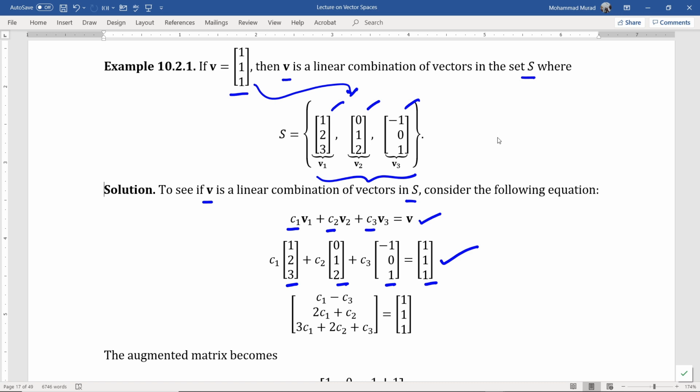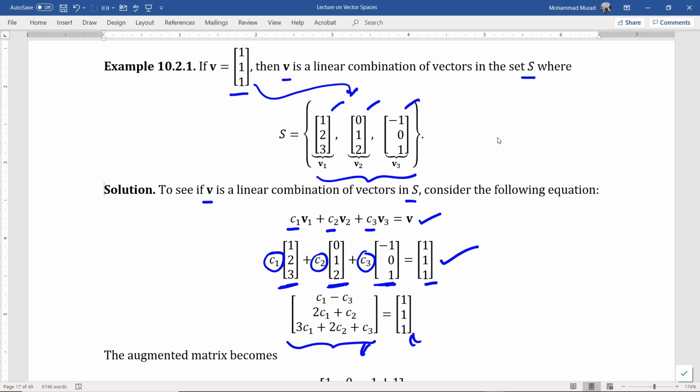Now the left hand side can be written in this form, which is simply obtained by multiplying the first vector by c1 and the second vector by c2 and the third vector by c3, and then adding. So we have a column vector in the left hand side of this equation and a column vector in the right hand side of the equation.